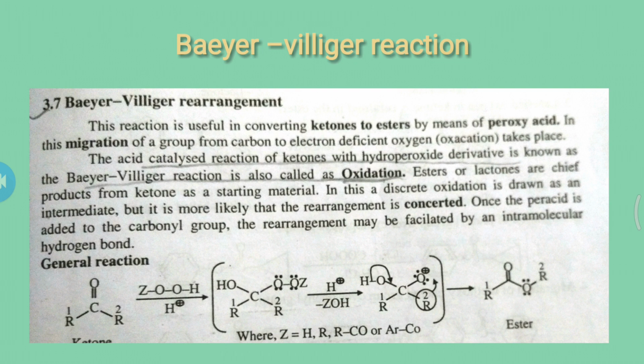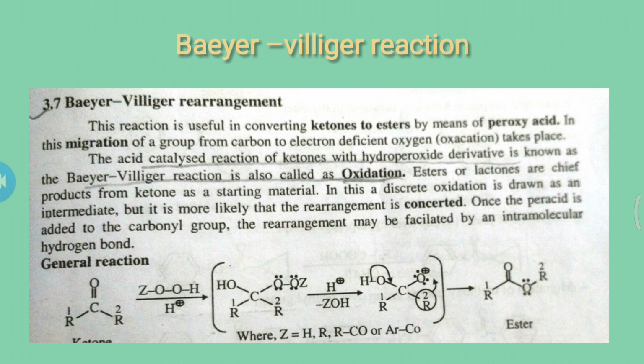Suppose example 1, two alkyl groups, similar or different, in which the ketone reacts with peracid to form an intermediate. The intermediate reacts with acid to form an oxonium ion. In this oxonium ion, R1 and R2, both alkyl groups, can migrate to the positively charged oxygen.